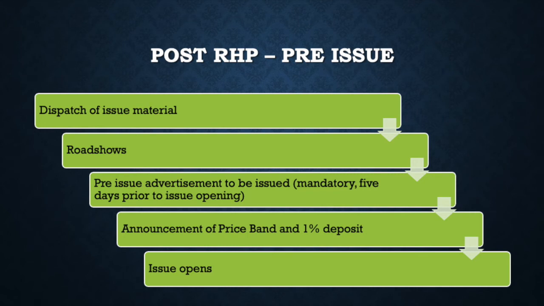In this advertisement, we announce the price band. We announce what is going to be the price at which the public can bid for these shares, and at the same time, we put down a 1% deposit. So 1% of the entire issue size is to be deposited with SEBI. Consider this as a security deposit, and that's when the issue opens.